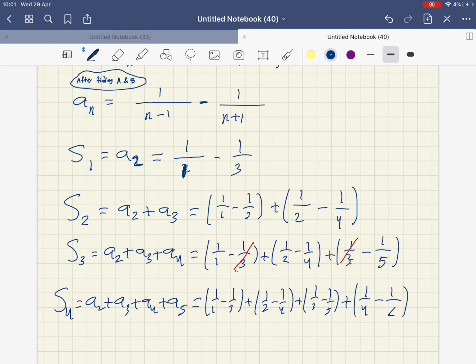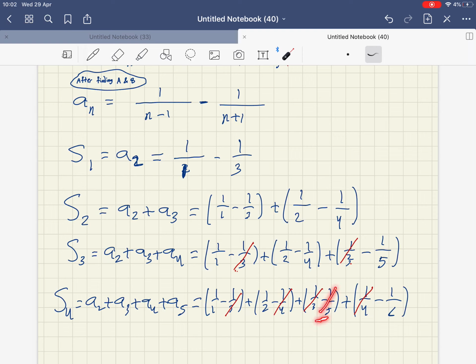And now I think you can see the cancellation start to be easier. 1 over 3 with 1 over 3, 1 over 4 with 1 over 4. So it sounds that this will get cancelled with the first term of the other bracket. So all of them will get cancelled.